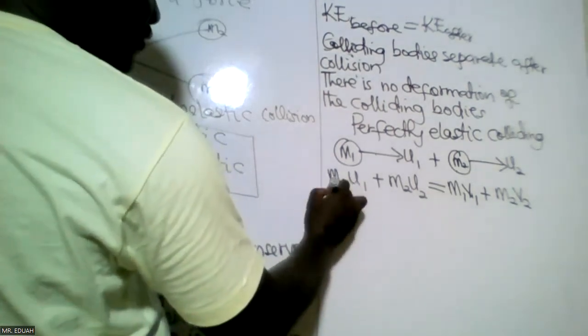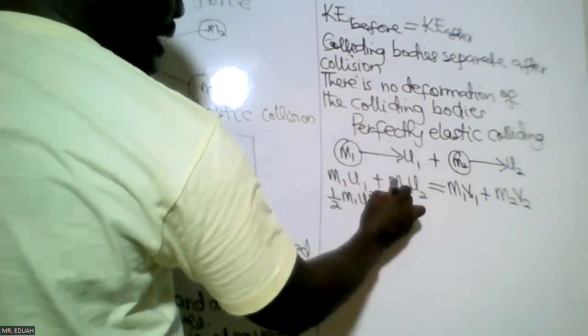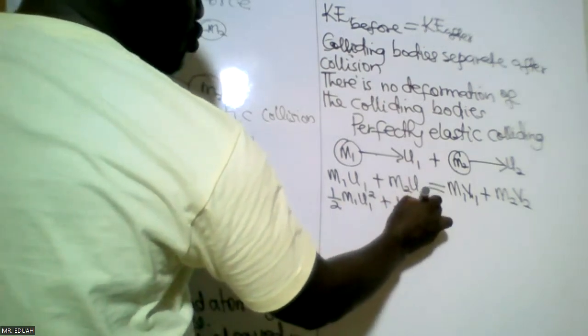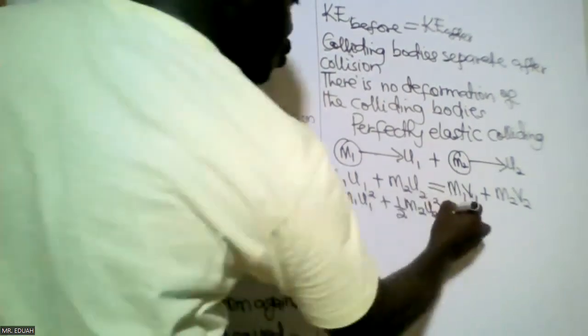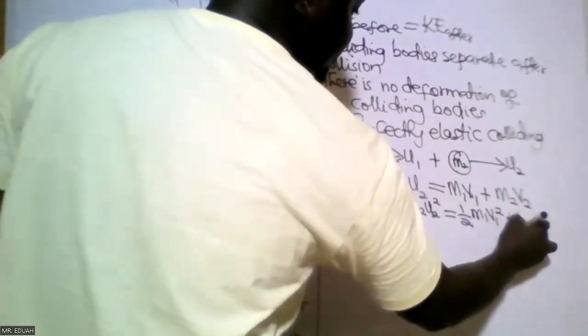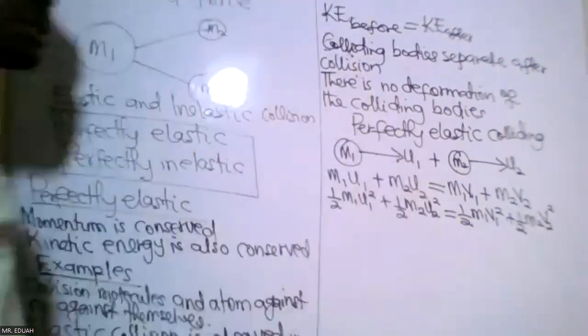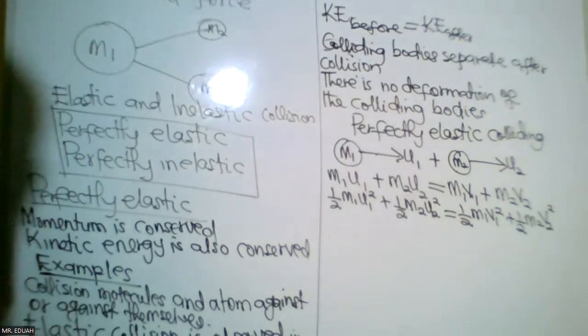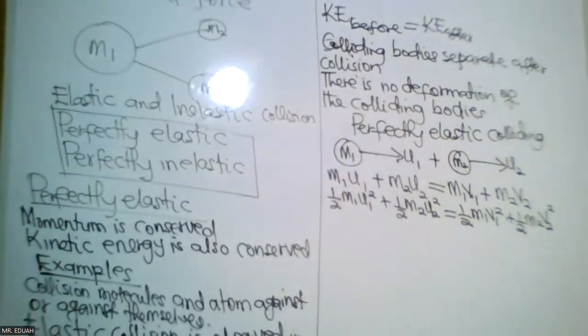So half m1 u1 squared plus half m2 u2 squared is equal to half m1 v1 squared plus half m2 v2 squared. So if a collision is said to be perfectly elastic, these are the two equations that can be used to solve a problem relating to that.